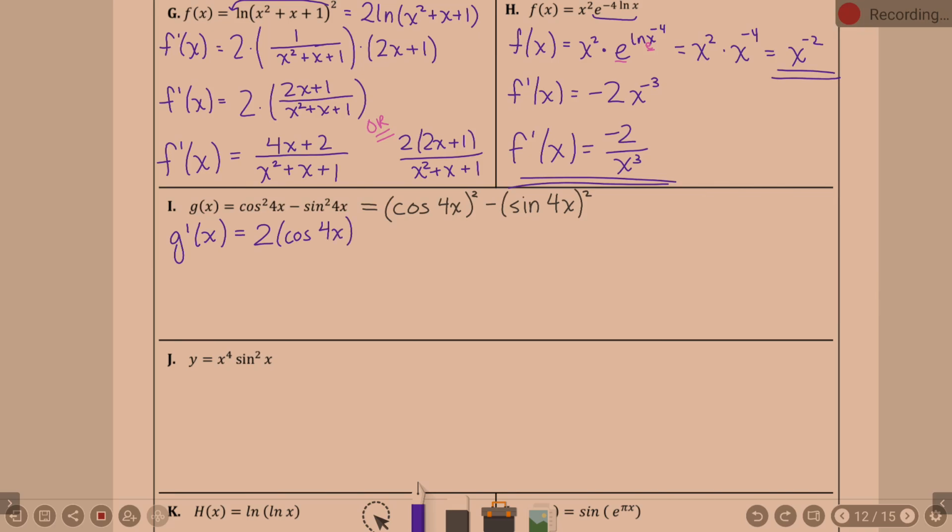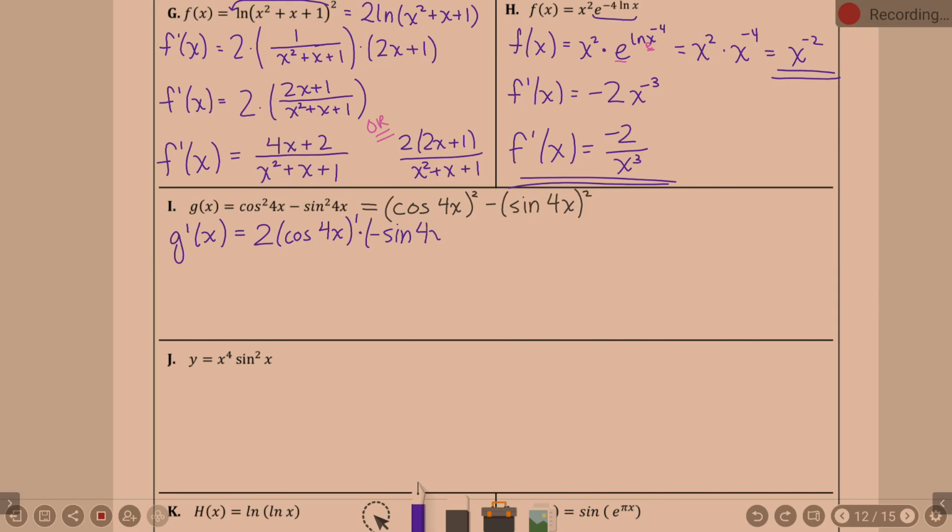And now it's going to be raised to the power of 1. Now, before you continue on, the outside was the power of 2. Is there an inside I can take the derivative of? Cosine of 4x. What's the derivative of cosine of something? Negative sine of the same something.